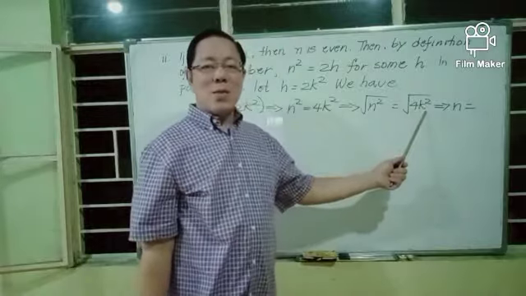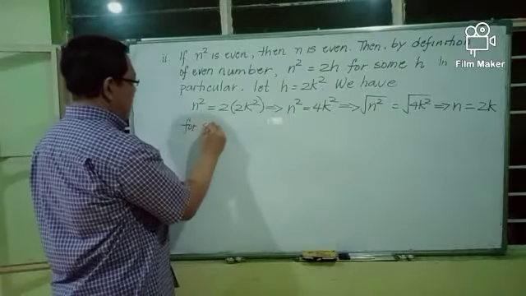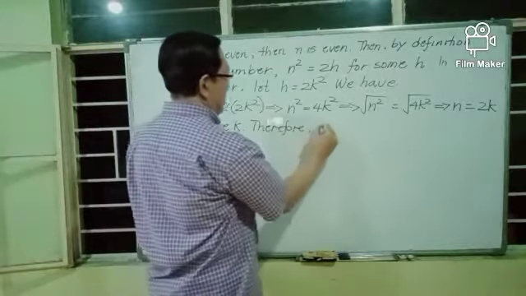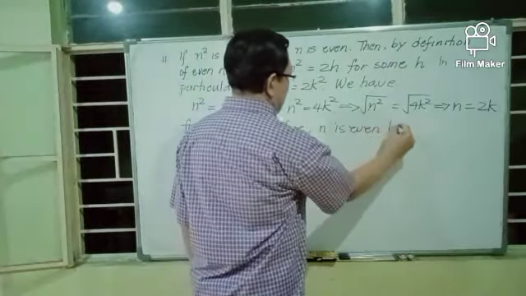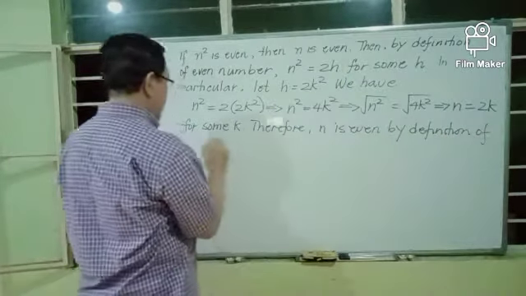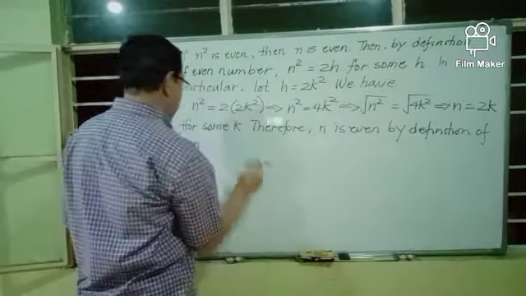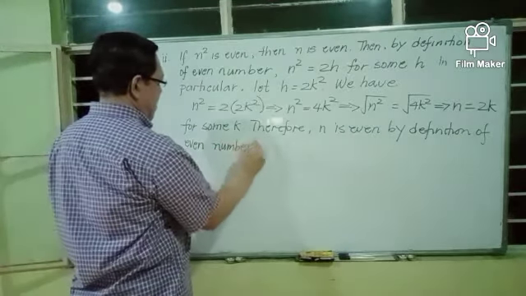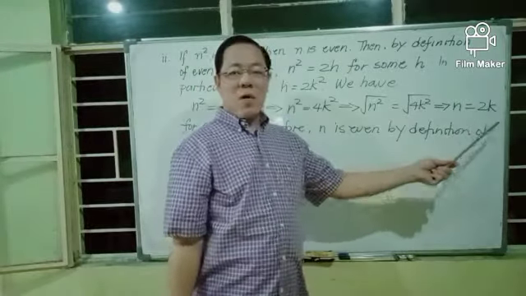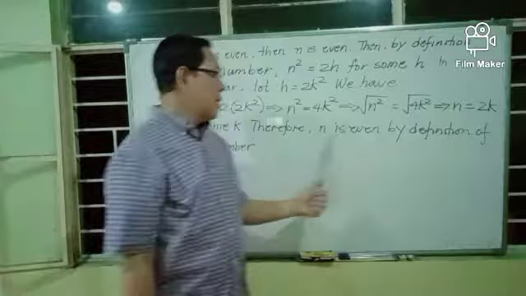So the square root of 4k squared is 2k. Therefore, from this equation, where n equals 2 times k, where k is some integer, we conclude that n is an even number by definition of even number.